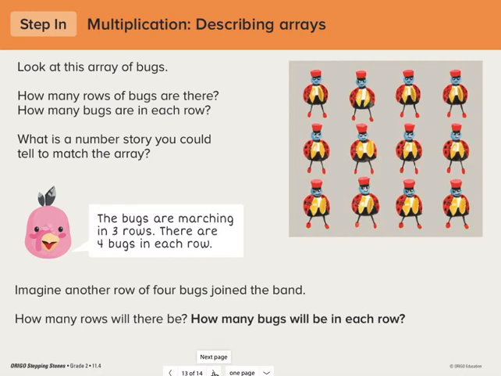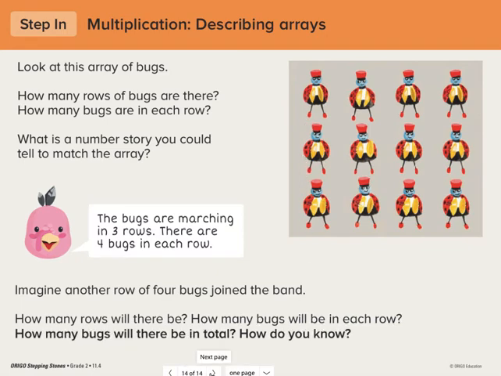How many bugs would be in each row? Well, how many bugs are in the first row still? There's still four. So there would be four in the column that enters, right? So how many bugs will there be total? How do you know?